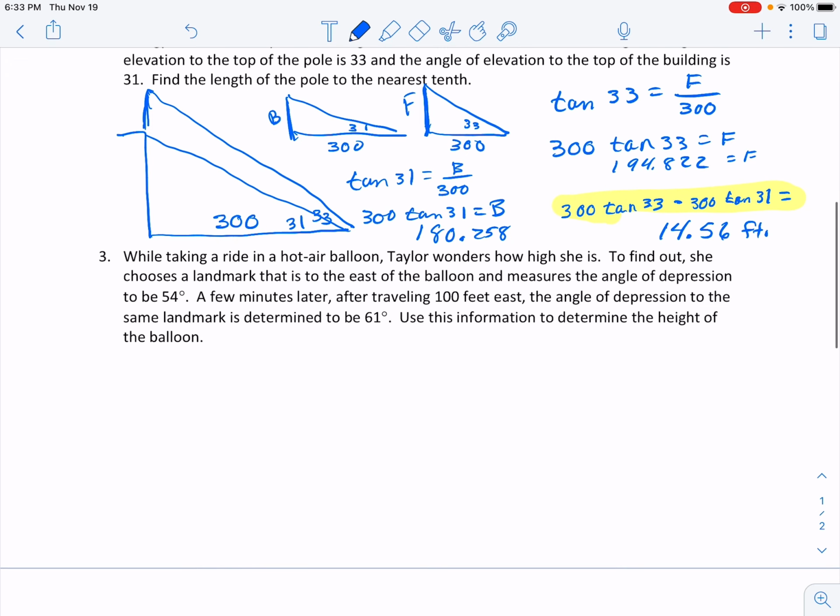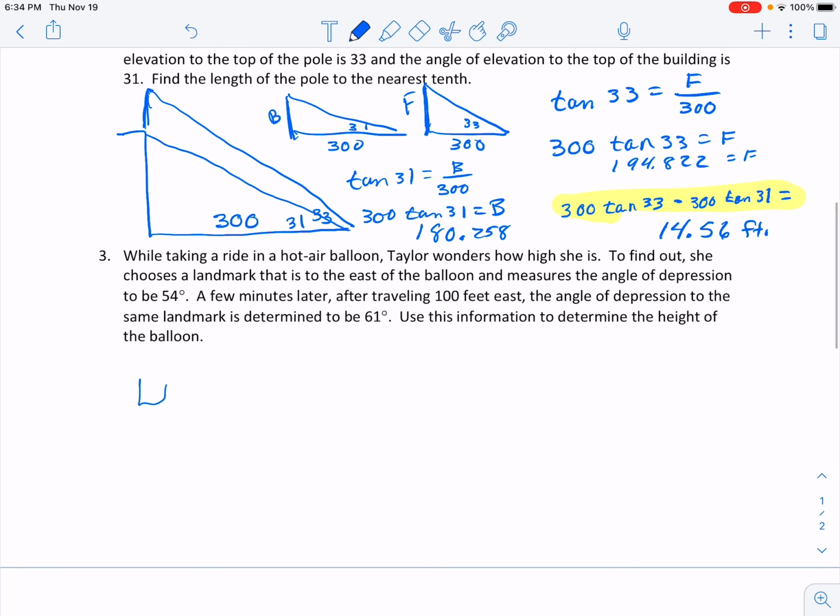All right. While riding in a hot air balloon, Taylor wonders how high she is. To find out, she chooses a landmark to the east of the balloon and measures the angle of depression to be 54. Okay, so here she is in her balloon. We have to have some strings in there. So she's up there, to the east, that's this way.